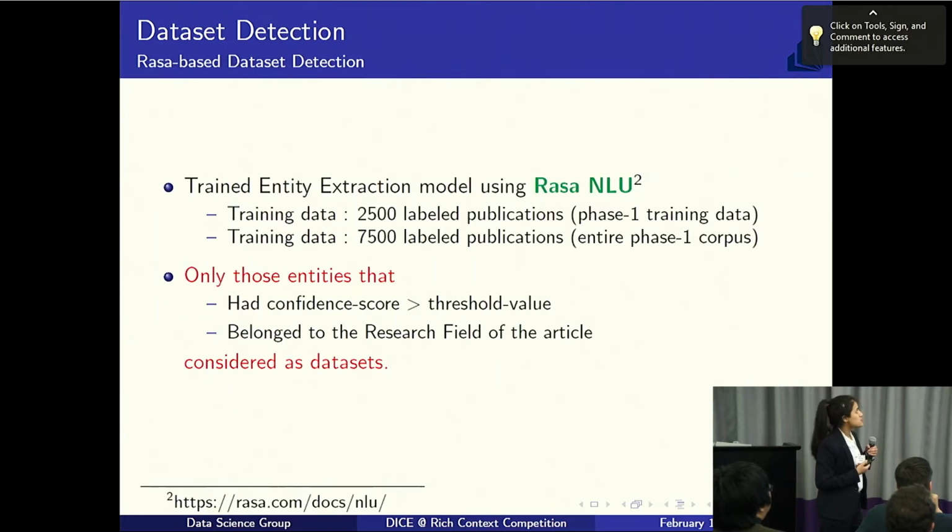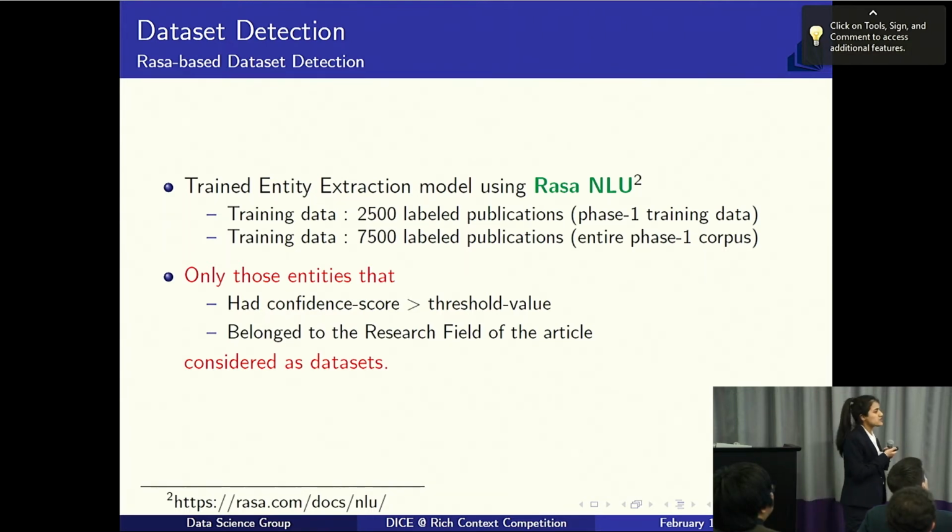In our next approach, we trained an entity extraction model using Rasa NLU. Rasa NLU is an open source tool to train models for intent classification and entity extraction. We tried two configurations for it. One, we used the 2500 labeled publications from the phase 1 training corpus, and our second configuration had 7500 labeled publications from the entire phase 1 corpus.